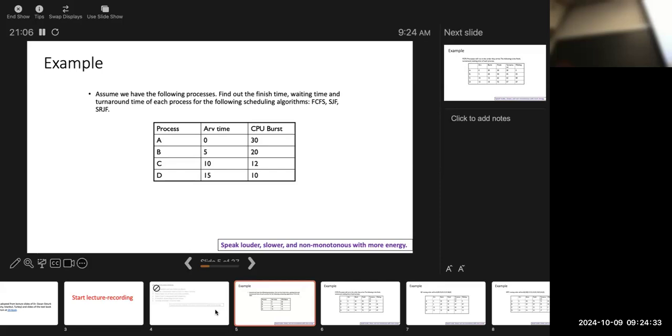So its waiting time is 0. D arrived at 15 and got scheduled at 22, so its waiting time is 22 minus 15, 7. Right? Okay.